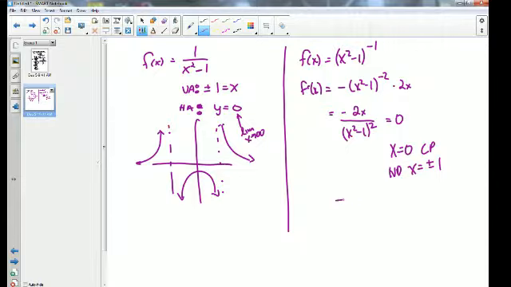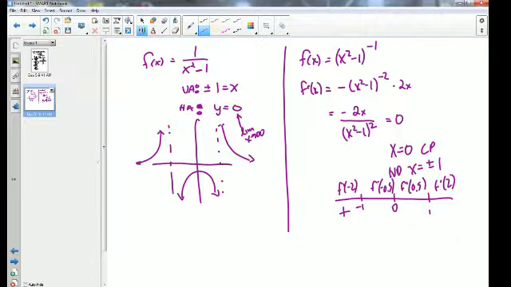All right, sign analysis. So f prime at -2, f prime at negative 0.5, f prime at 0.5, f prime at 2. And we should get that. The bottom's always positive, right? Yeah.